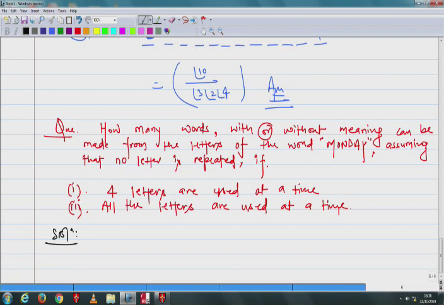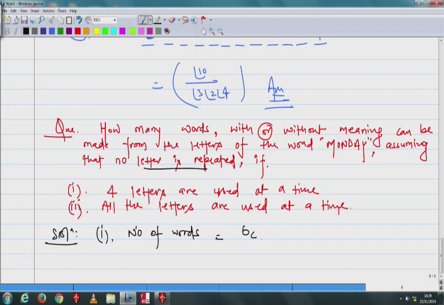You see, no repetition, yeah, got it. No letter is repeated. Okay. And then we have Monday. So 4 letters we have to use. First part. Number of such words will be, see, out of the given letters, how many letters are there? 6.